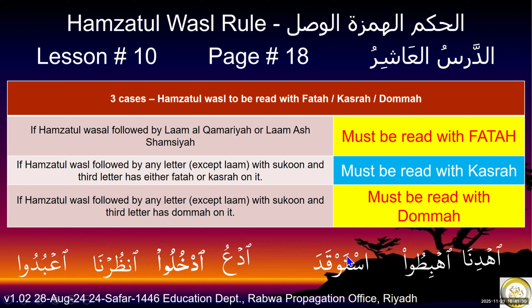Even though it has Fatha, here we must read it with the Kasra. Istawqada. Is, not us. Why not us? Because we already reserved Fatha for the Qamariya and Shamsiya. We cannot use Fatha on the Hamzatul Wasal, so we have to give the Hamzatul Wasal Kasra only.